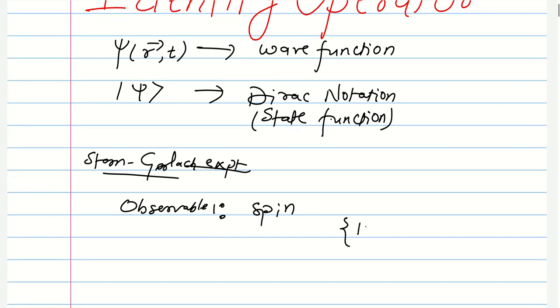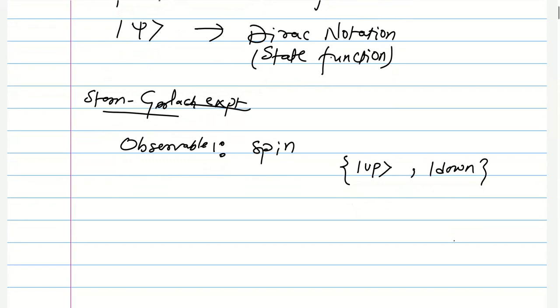One is the up spin. So this is the symbol. It can be in this state or it can be in the down state, right? So this is the way you represent it. It's not necessary that you represent it this way. Earlier we have represented it this way.